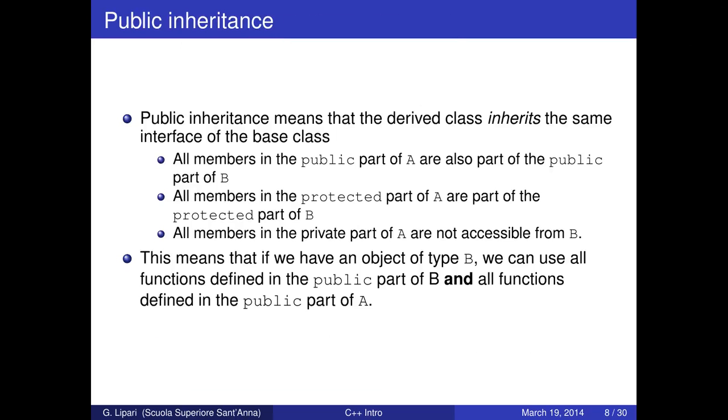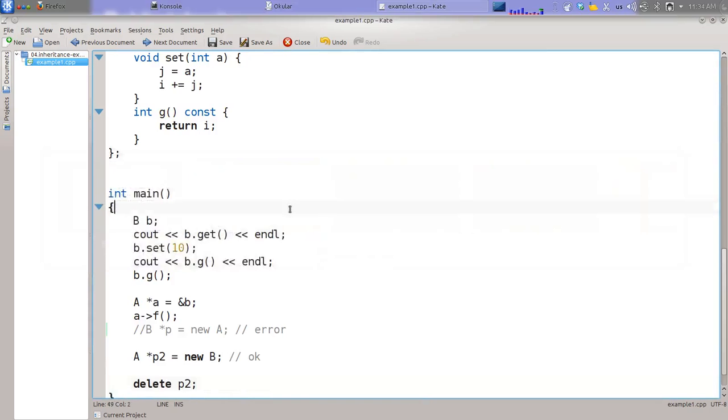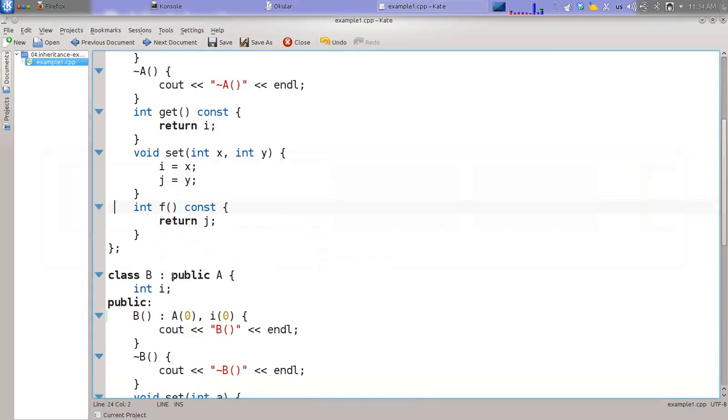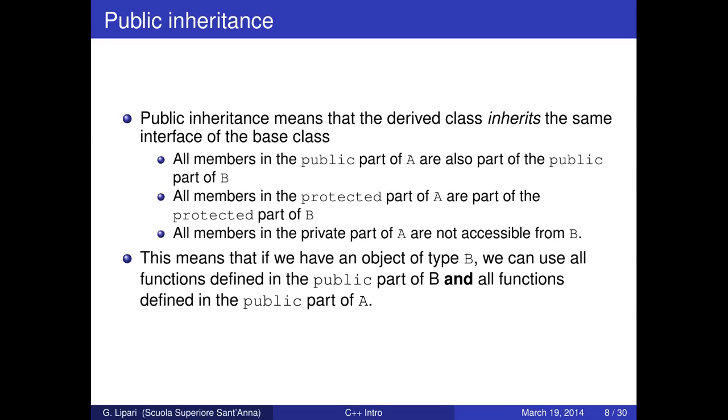So public inheritance. In front of this declaration, you see the word public. And this means actually there are other ways of doing inheritance. There is the so-called private inheritance, and there is protected inheritance. So right now let's concentrate on public inheritance. So you are forced to write public here if you want public inheritance. So public inheritance means that the derived class inherits the same interface of the base class.